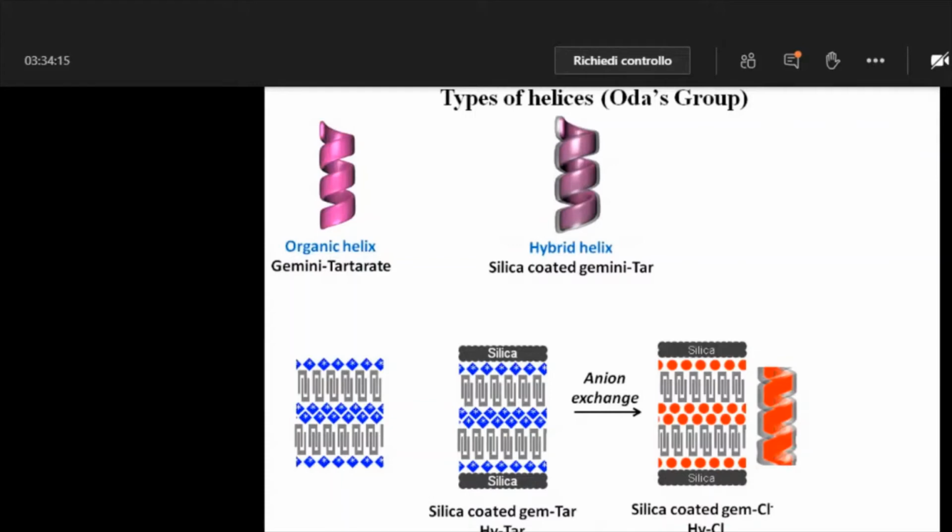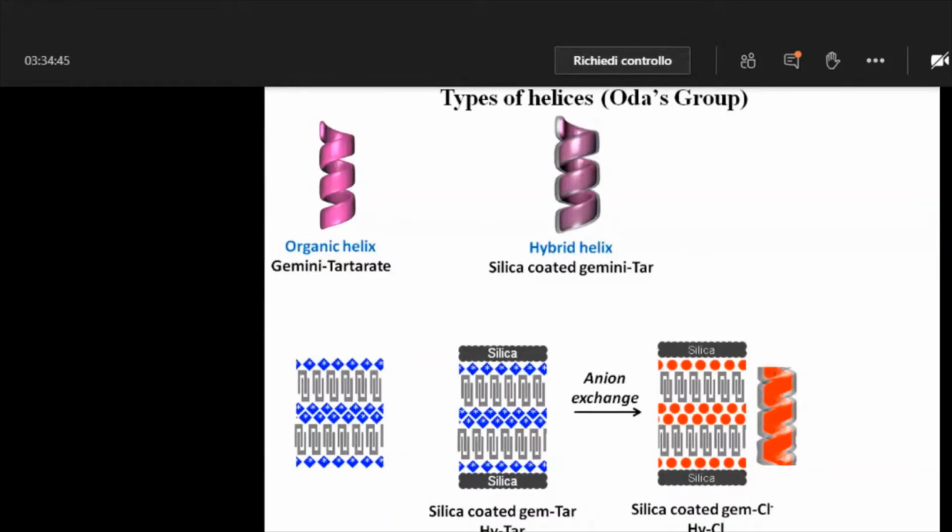To get rid of that, we use a non-absorptive anion, which doesn't absorb in the CD region. So the tartrate anions are replaced by chloride, and then you have the silica-coated organic helix with non-CD anions. Not only that, compared to tartrate, chloride ions are much easier to replace if you have a foreign molecule.